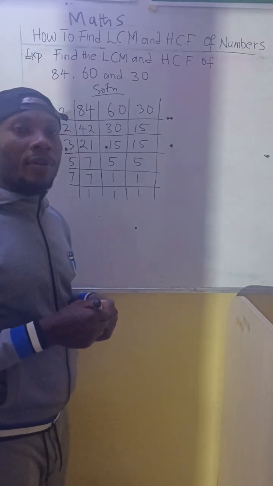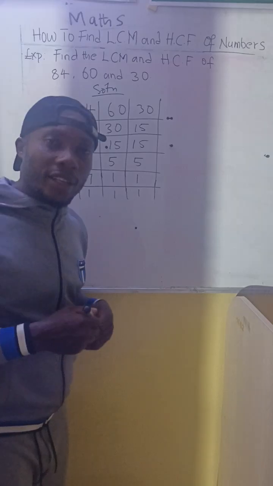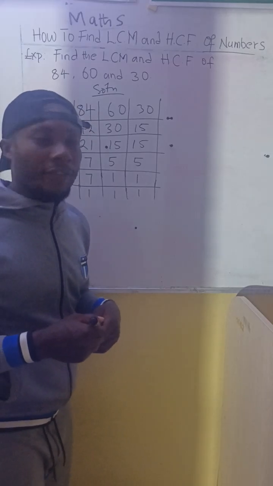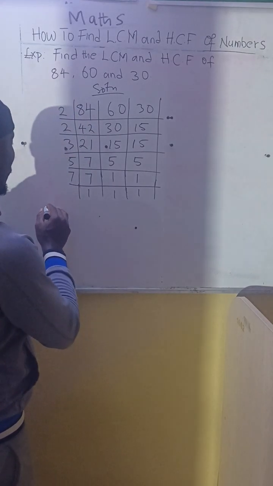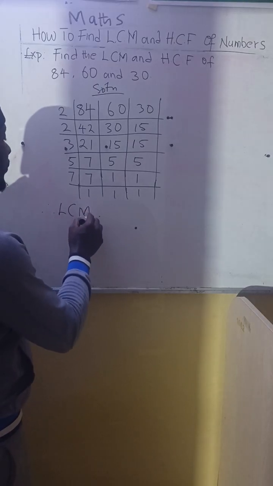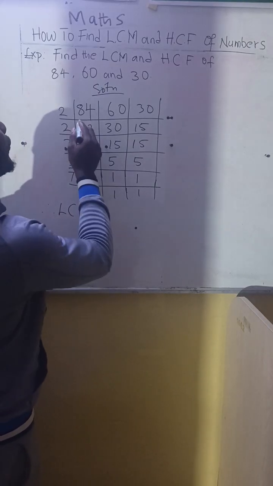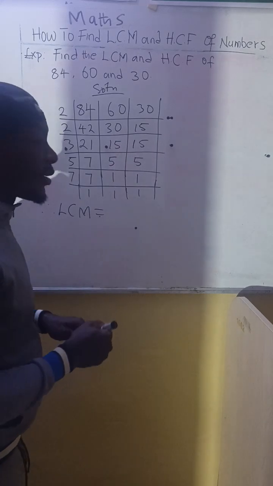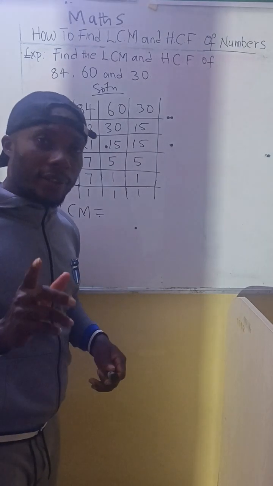So therefore, what is the LCM and the HCF? The LCM of 84, 60, and 30 is going to be listing.